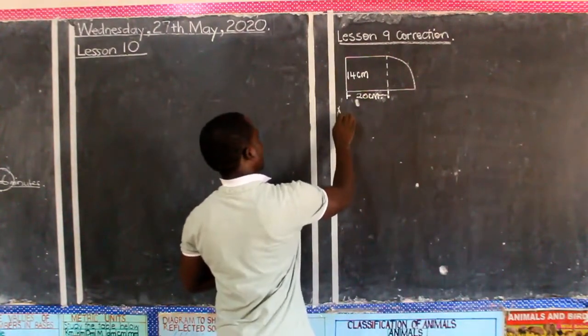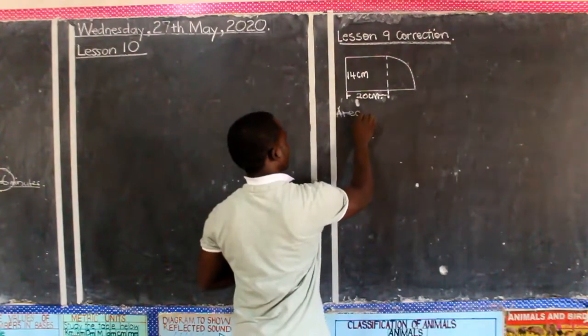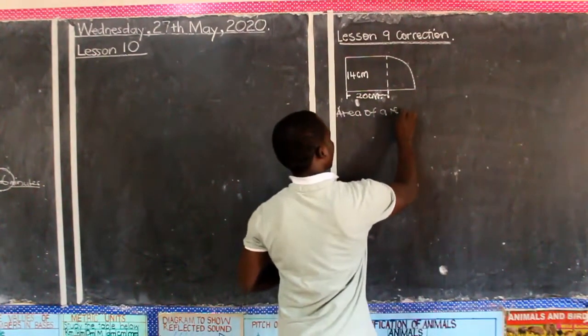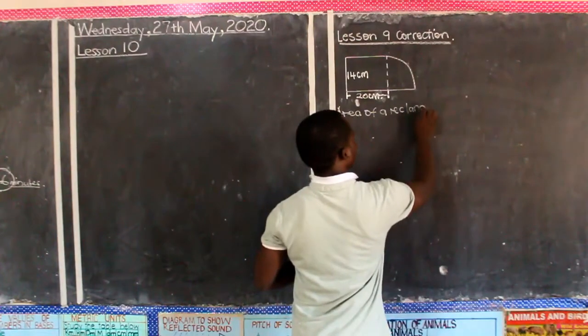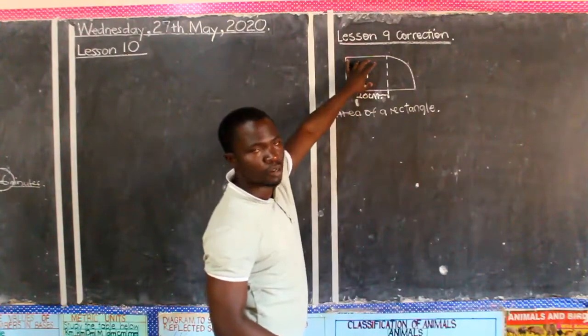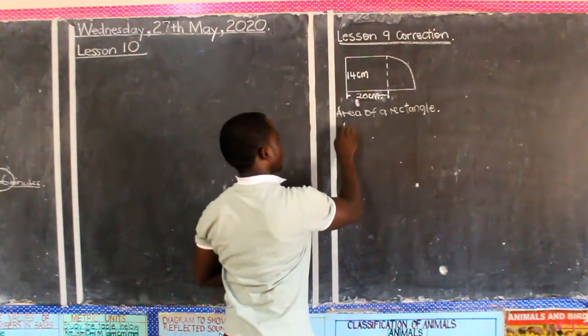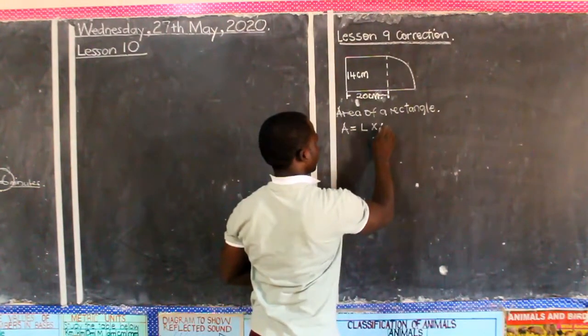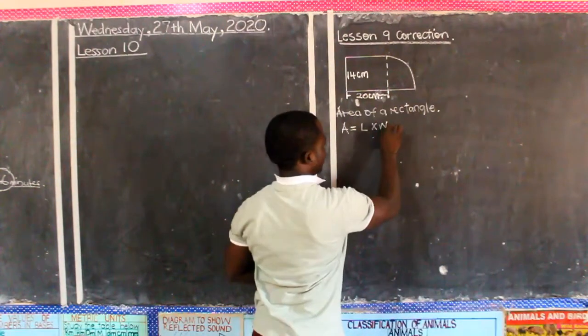So we shall say area of a rectangle. I'm meaning this one. So the area of the rectangle equals length times width.